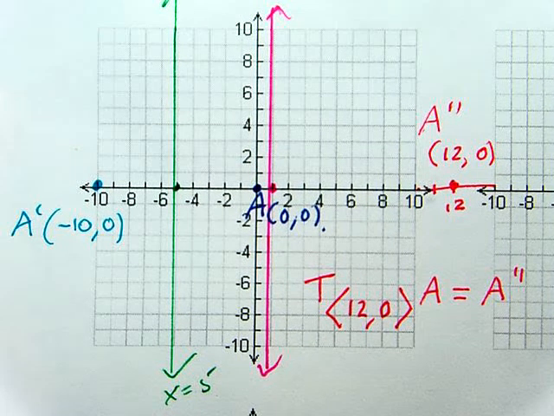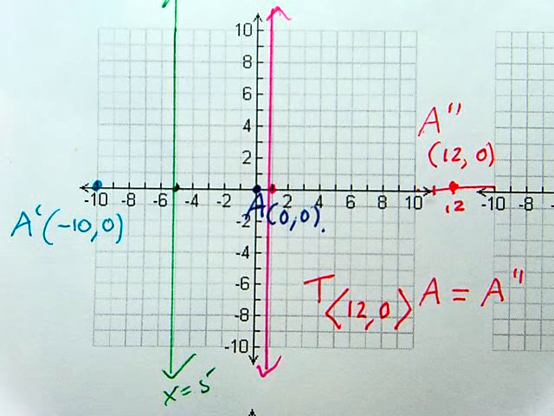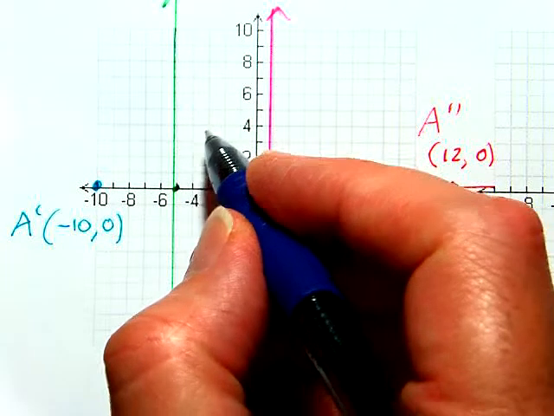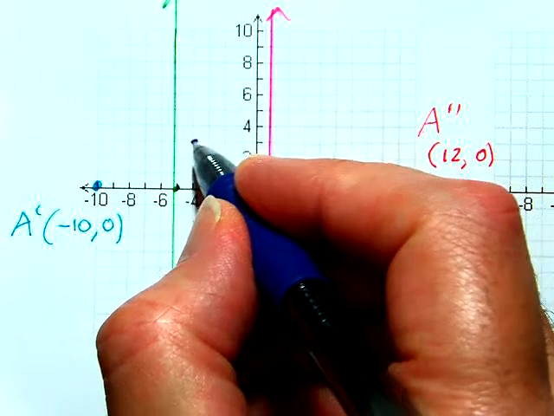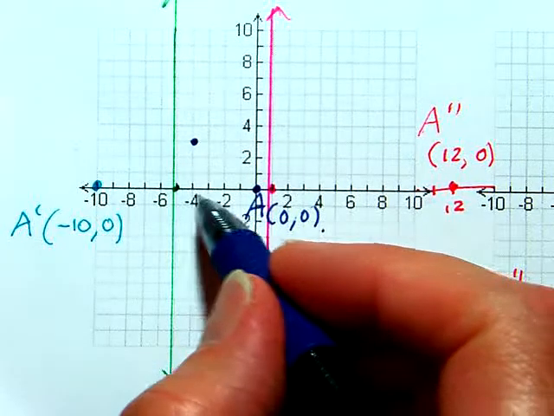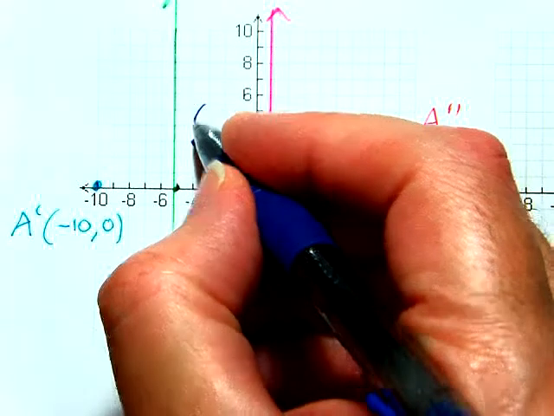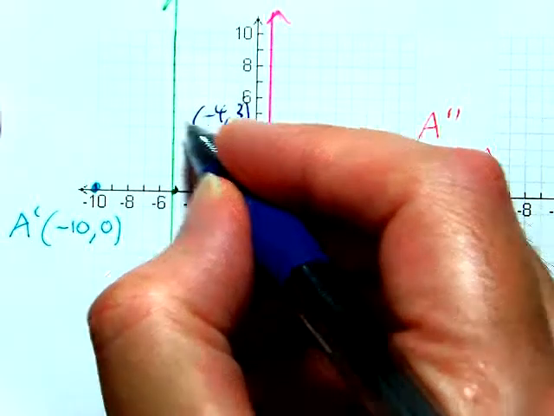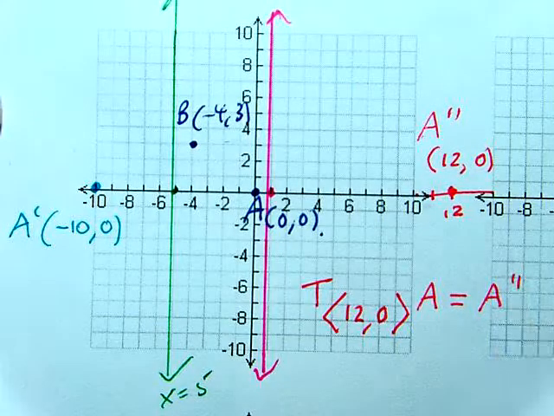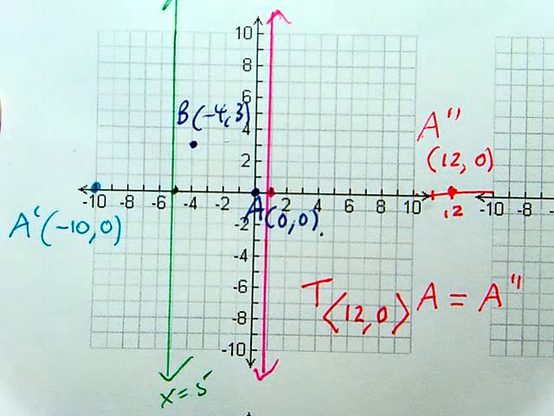So let's pick a different point just to test that out. Let's pick a point over here, -4, 3. We'll call this point B, and let's reflect this point over the line x equals -5.